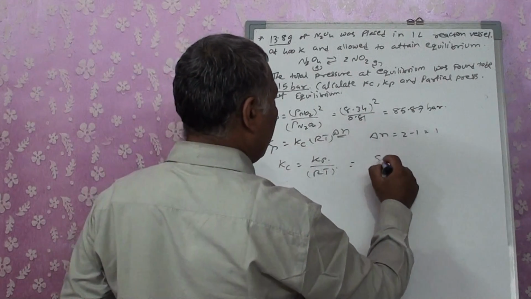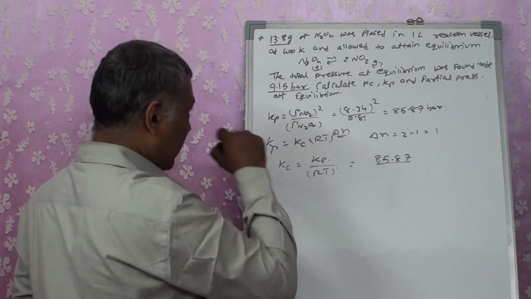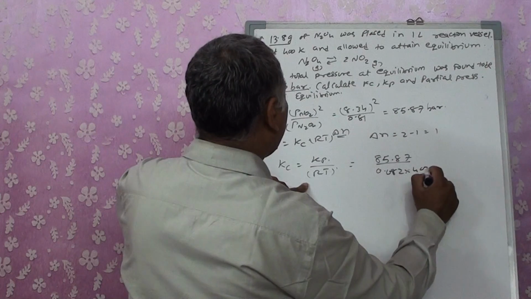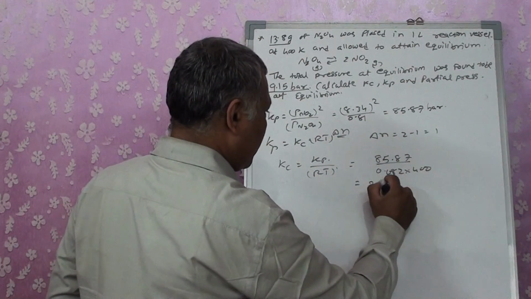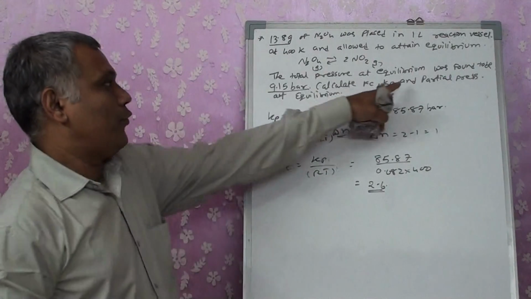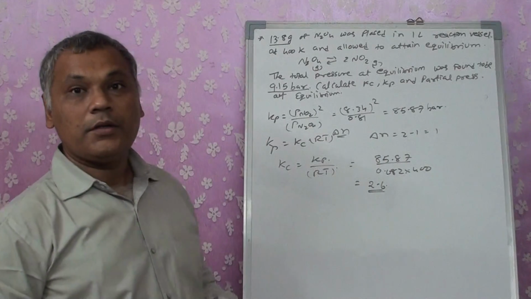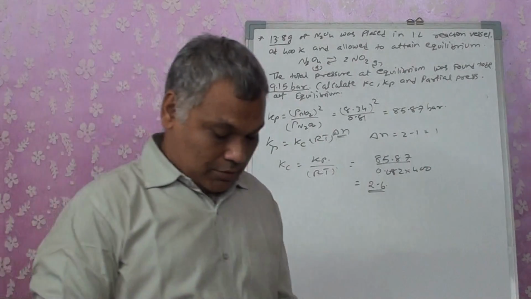We have Kp as 85.87, R as 0.082 and T as 400. So we will be getting Kc equal to 2.6. So first of all the partial pressure, then we got Kp, and then Kc. All this numerical, try to understand.